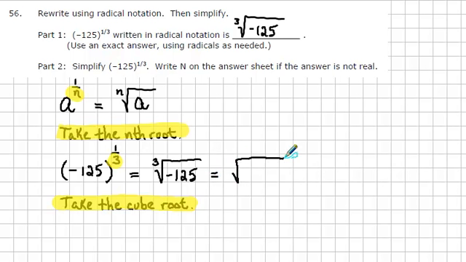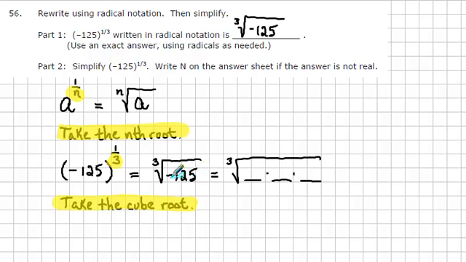Write this as the cube root, and we need a number times a number times a number that is equal to 125. Well, one of the things I notice is that 125 ends in a 5, so that means that it's divisible by 5.